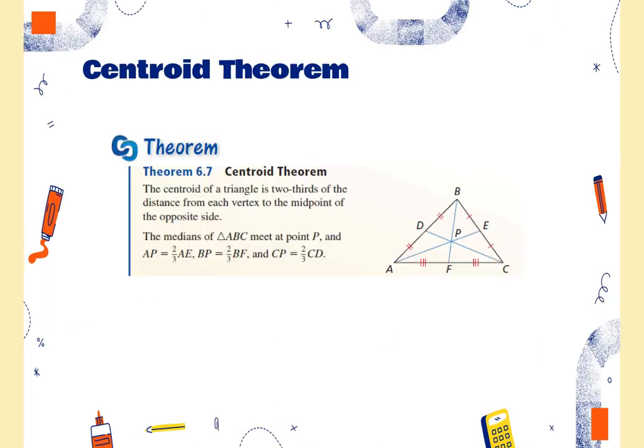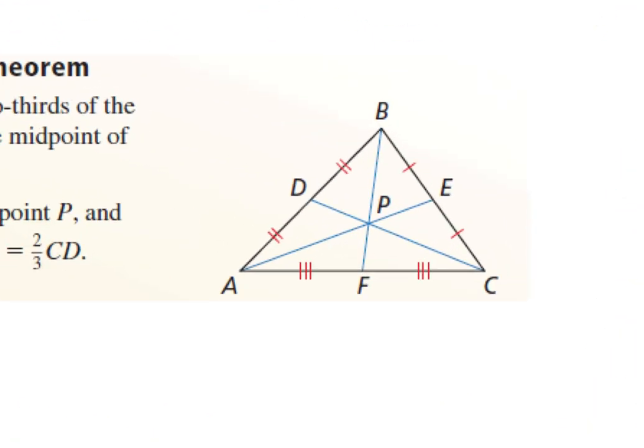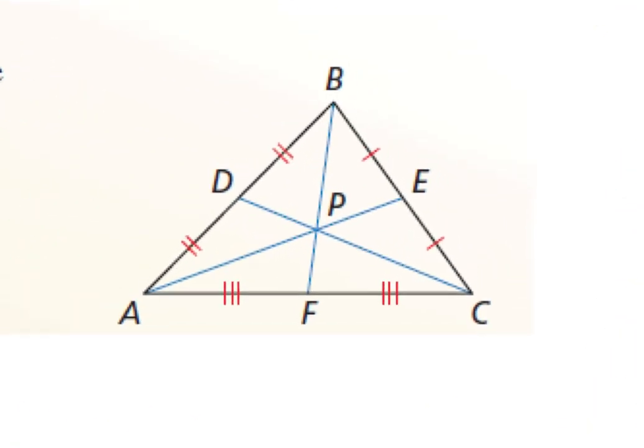The centroid theorem, just like the incenter theorem and circumcenter theorem, there's one for centroid, and it says the centroid of the triangle is 2/3 the distance from each vertex to the midpoint of the opposite side. So in this diagram, you'll see the 3 medians drawn. I know they're medians because they go midpoint to vertex, midpoint to vertex, midpoint to vertex.